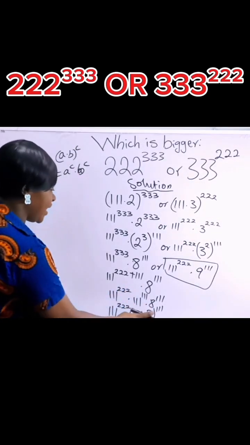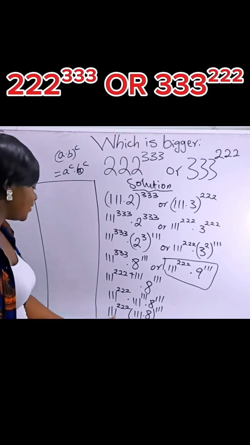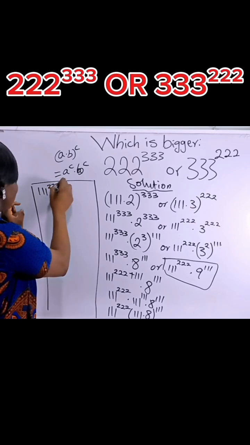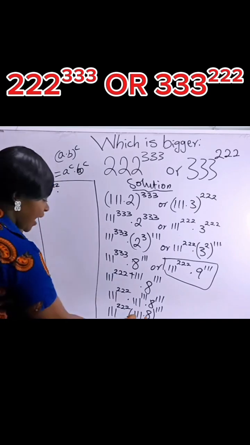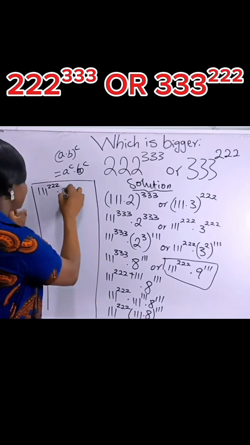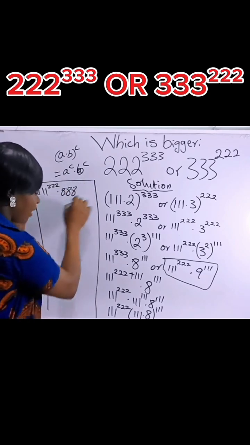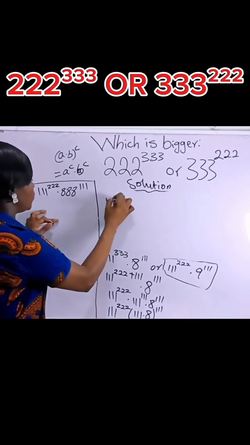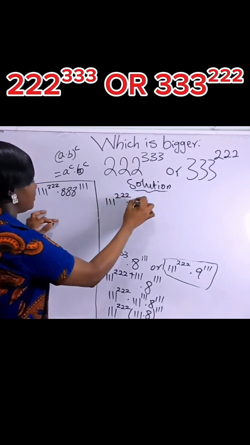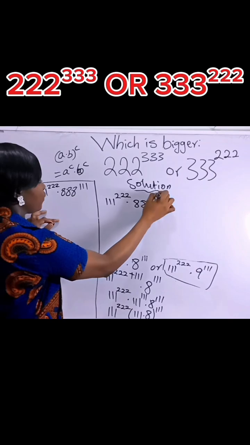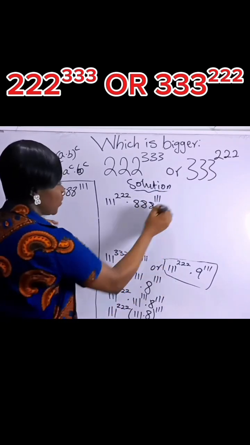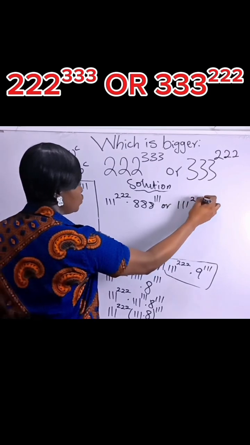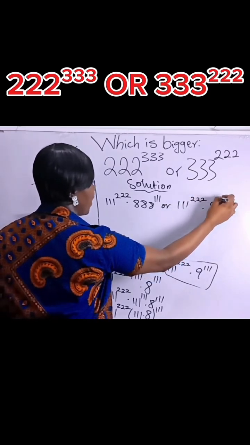From here we can write this now as 111 to the power of 2 times 8 to the power of 111. Then this one here is 111 to the power of 2 times 9 to the power of 111.